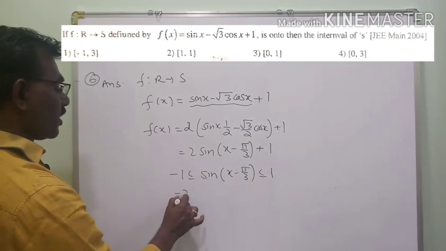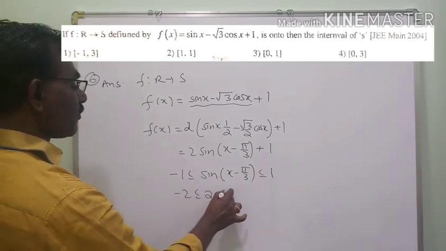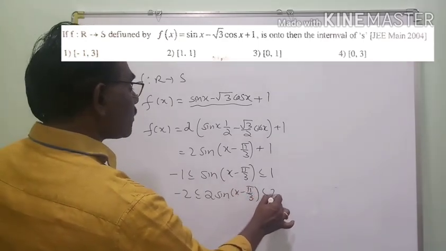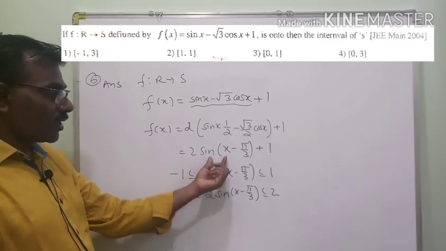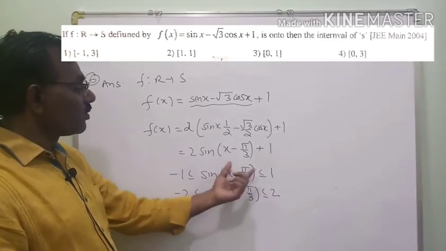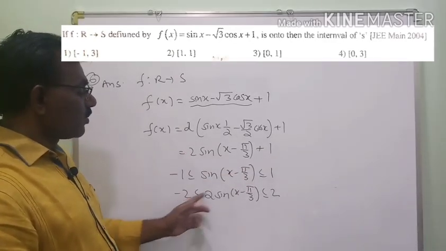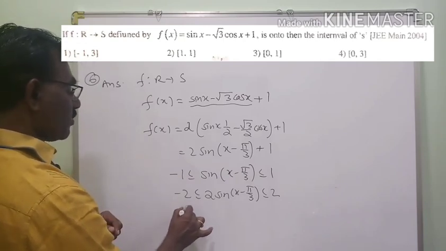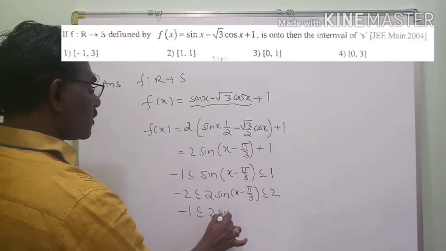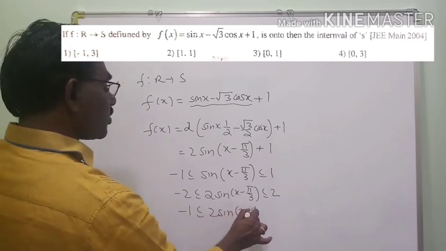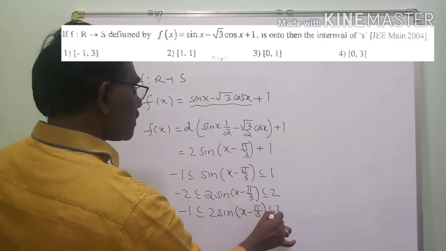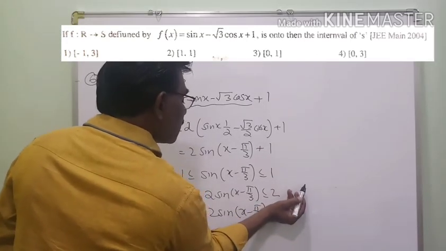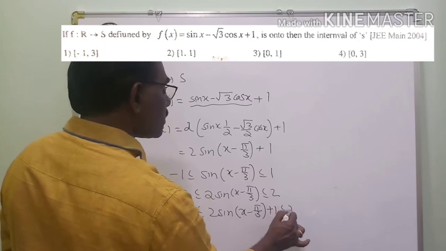Multiplying by 2, we know that sin of x minus pi by 3 is between minus 1 to plus 1, then 2 sin of x minus pi by 3 is between minus 2 to 2. Then adding 1: minus 2 plus 1 is minus 1, and 2 plus 1 is 3.